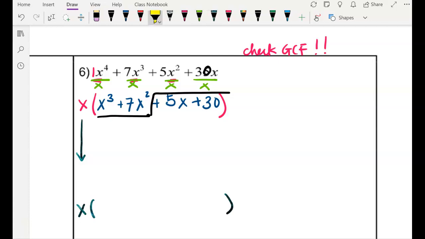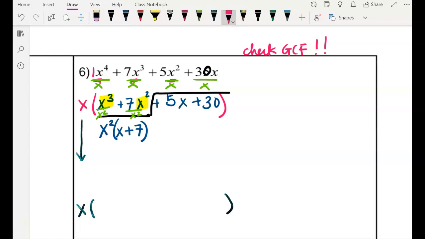So we have x to the third here and x squared. So that means we know that has to have an x squared in common. So x to the third divided by x squared. Remember, every time you take out a GCF, it's like a division. So that means we have 1x left because x to the third divided by x squared, you subtract the power, plus 7x squared divided by x squared is now a 7, okay?